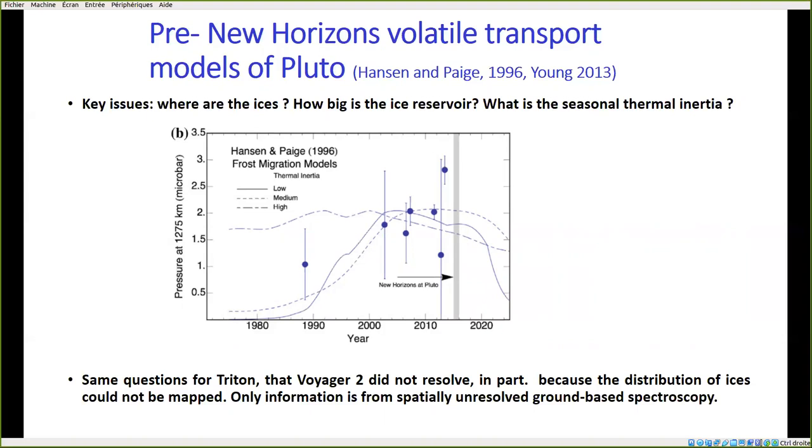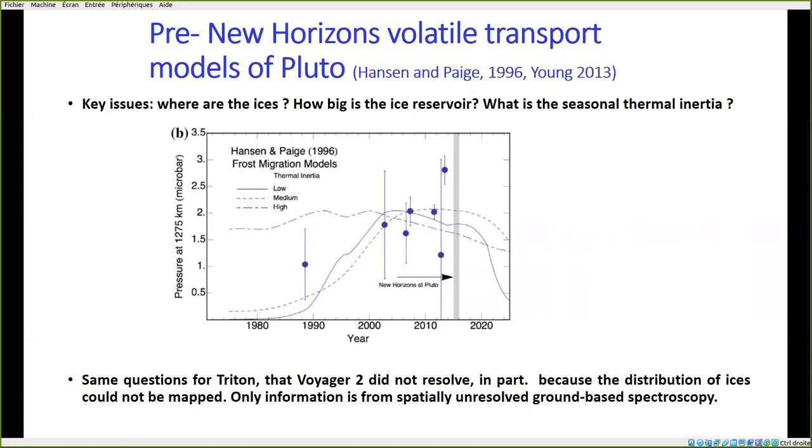How big are these reservoirs? And what are the other thermal parameters that will control the surface, like thermal inertia in particular? And here you have an example of old pre-New Horizons volatile transport models. And without going into the details, you can see that these models have come with rather different predictions on the overall pressure evolution with time.